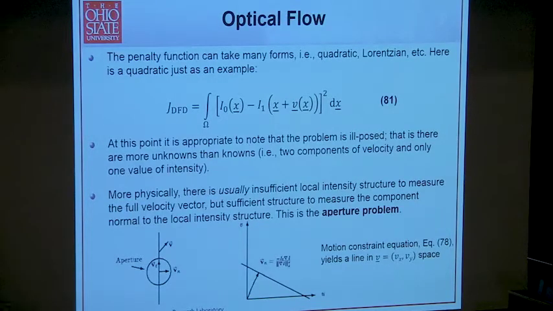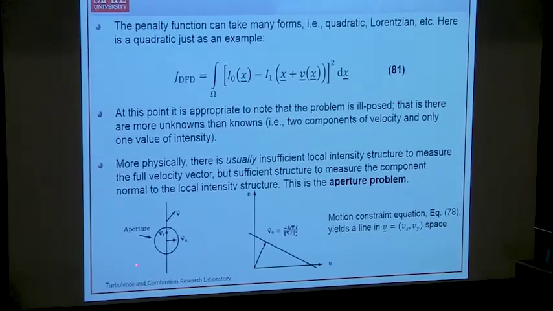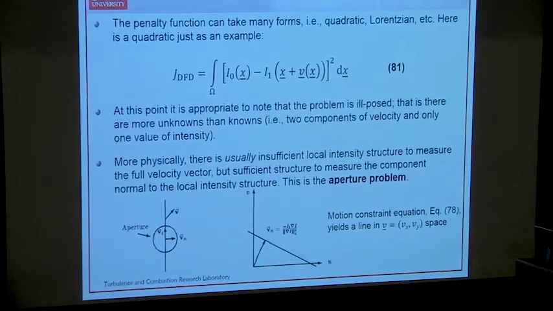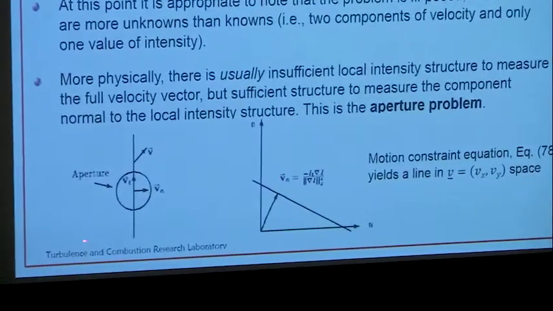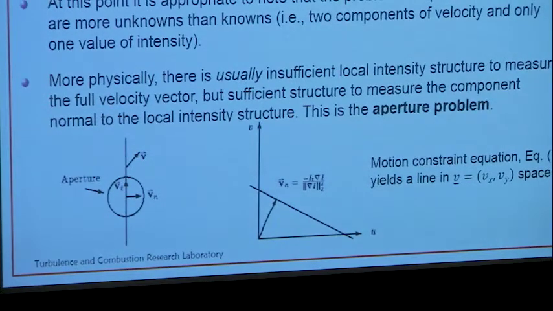This is what's referred to as the aperture problem. I simplified it a bit, but if I have some structure aligned in just this direction and I zoom in, I can tell the velocity component that's normal to it, but I can't tell anything along the structure.